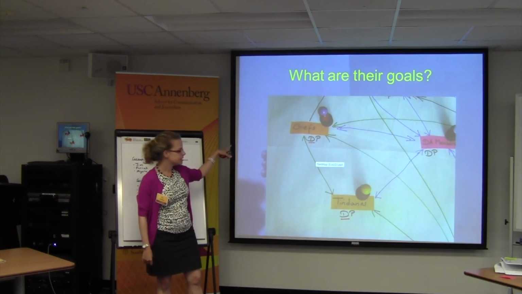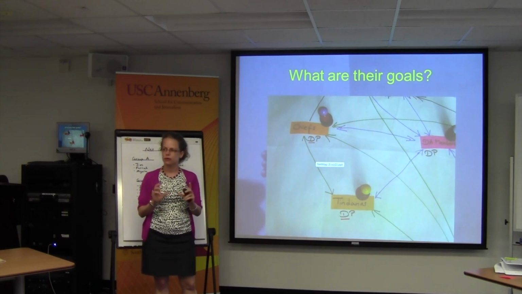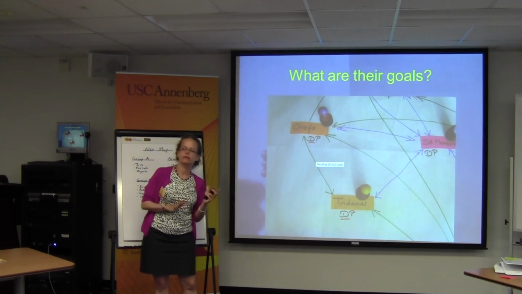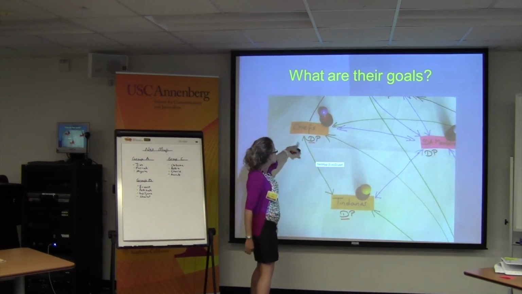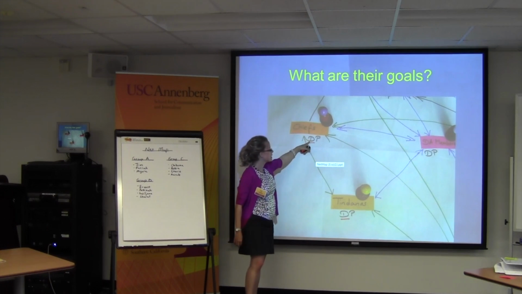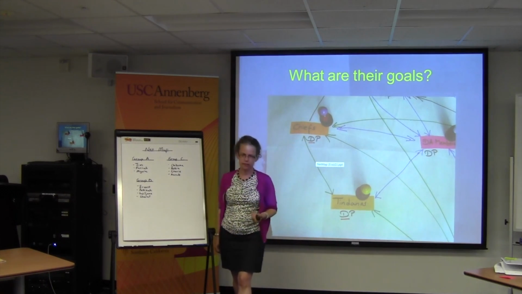And we gave a D to the development and a P to the protection actors, and those who had both goals got both letters. If they leaned more strongly towards one, like the chiefs here, they were underlined. So they cared about protection of the environment, but they leaned much more strongly to economic development.